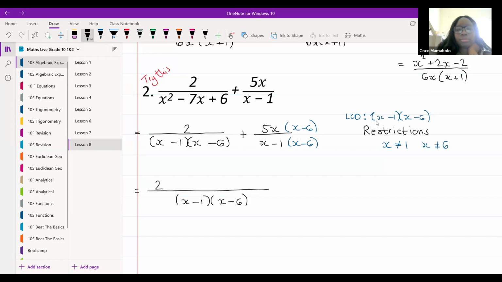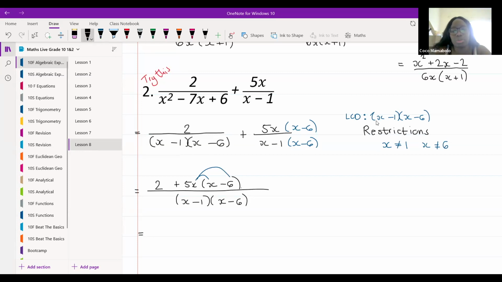So you'd say 2 plus 5x in brackets 6 minus x minus 6. That's it. Good. Let's continue. And then you do the FOIL method with the 5x in brackets 6 minus x minus 6.